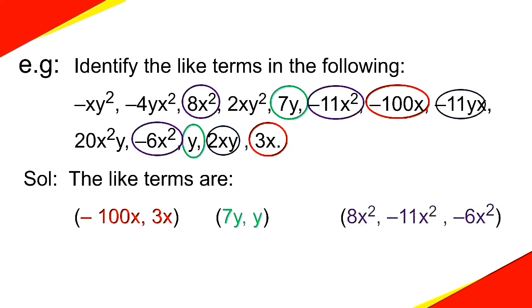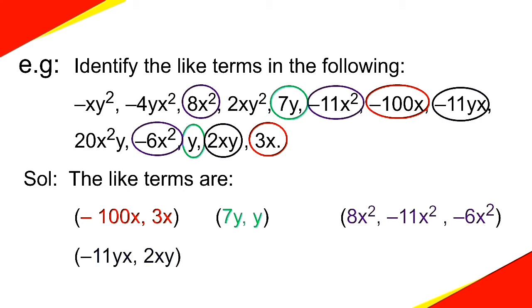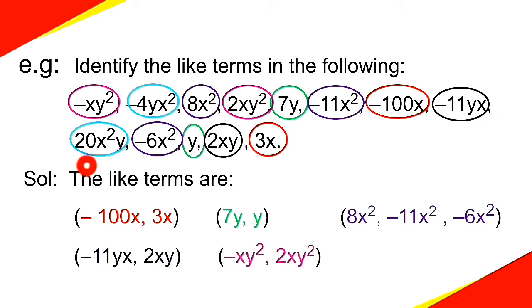Now one more, 2xy, minus 11yx is one set. Next, minus xy square, 2xy square is one set. Now one more, 20x square y and minus 4yx square.